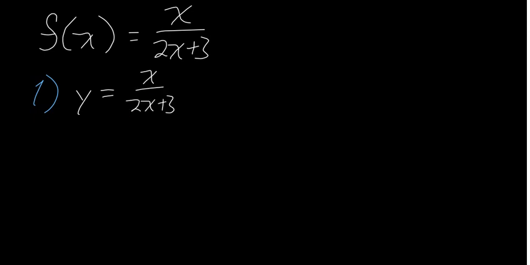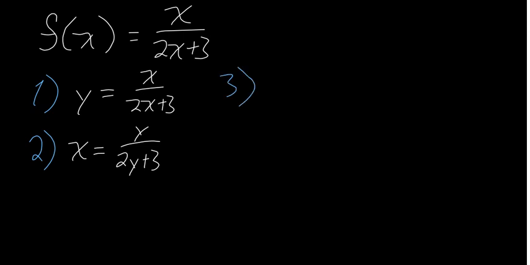Okay. Step 2, we interchange x and y. All right. Step 3, we solve for y. Looks like the same procedure as the last one, right? We're going to multiply both sides by 2y plus 3.